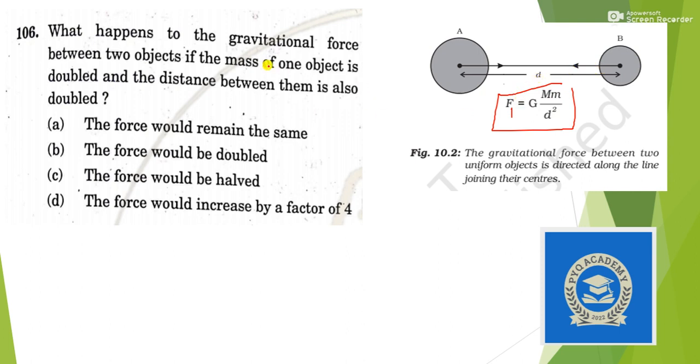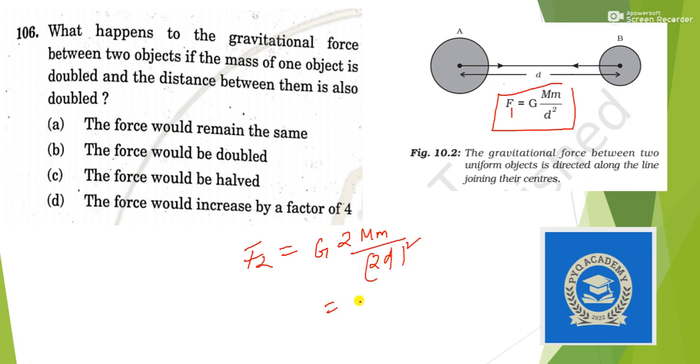Now we have to double the mass of one object, so let's take another F2 equals G into 2m1 m2 by, and double the distance also, so (2d) whole square.